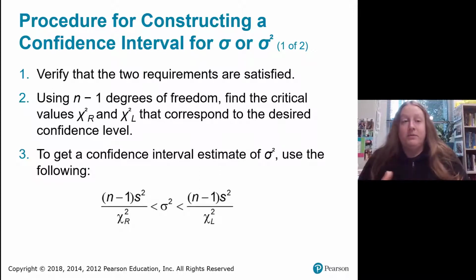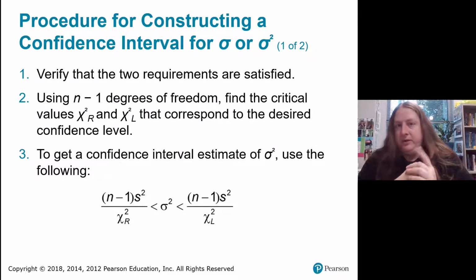So our procedure for constructing a confidence interval for our standard deviation or variance. First thing, we're going to verify our requirements. We have simple random sample and it's normally distributed.